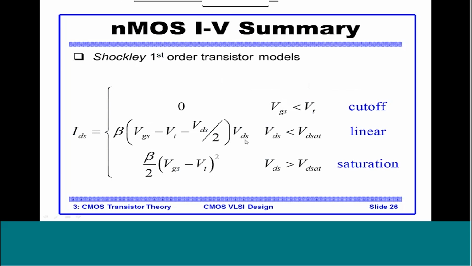Second, as we start increasing VGS, but VDS is still less than VD sat, the current would be beta times VGS minus VT minus VDS by 2, into VDS. So we see a dependence of IDS on VDS in the linear region. When the voltage on the drain goes beyond VD sat, the IDS becomes independent of VDS, and in turn only depends on the square of VGS minus VT.